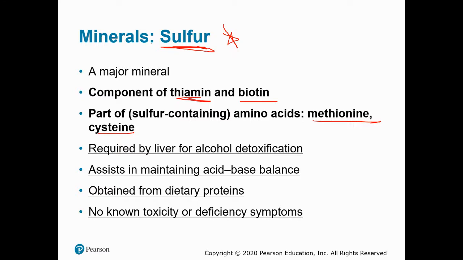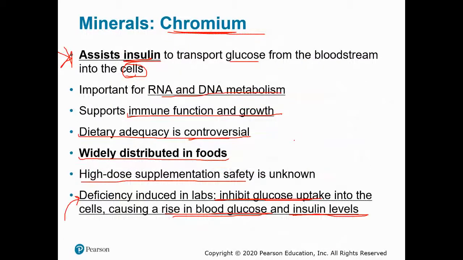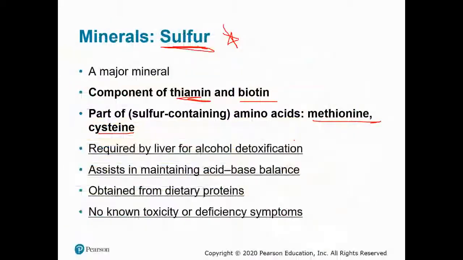Remember that vitamins are large molecules made up of individual atoms, right? Individual elements. So sulfur is an element, manganese is an element, chromium is an element. These are all minerals. Iodine is an element. So it's not too crazy that we can see these elements in some of these other molecules or vitamins that we consume and use. Sulfur supports alcohol detoxification as well as many detoxification pathways, outside the scope of this class, but very cool.